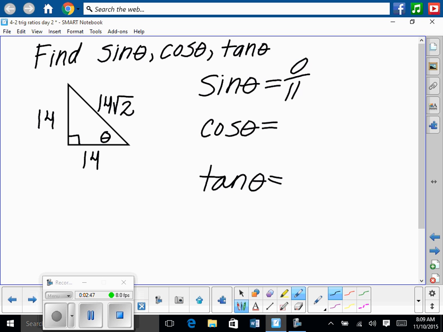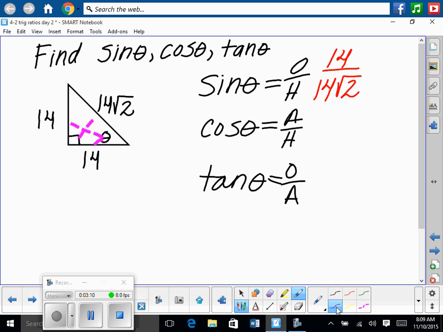Let's go through and fill this in. From theta, opposite, hypotenuse, and adjacent. Sine is opposite, which is 14. Now what is the hypotenuse, you tell me? 14 square roots of 2. Okay, 14 square roots of 2.